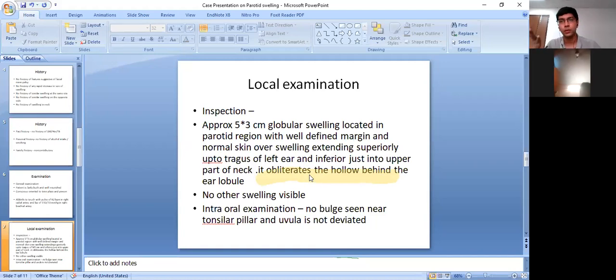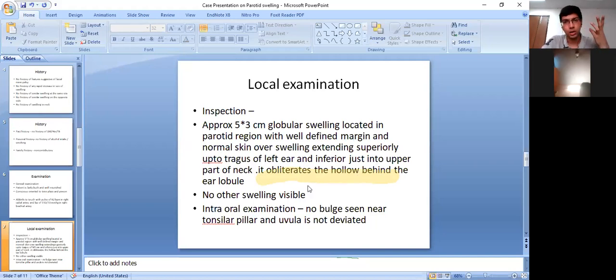In palpation, the size and the mobility are greater for a lymph node than the parotid gland, which I will discuss in the palpation part. So these are the features of parotid region swellings and the differential diagnosis.